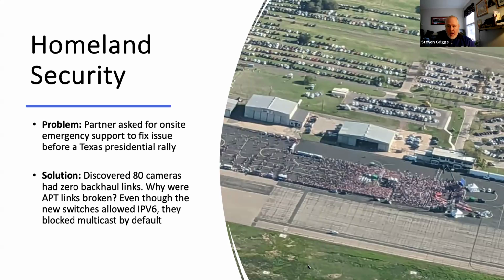So the engineer got on the ground, did some physical inspections, started looking at radios, started troubleshooting, solving the puzzle, and discovered that he had no APT connectivity. He got into the switches and enabled multicast. They got some point-to-points going, they got some backhaul going, and in 5 hours, their 80 cameras were up and running.